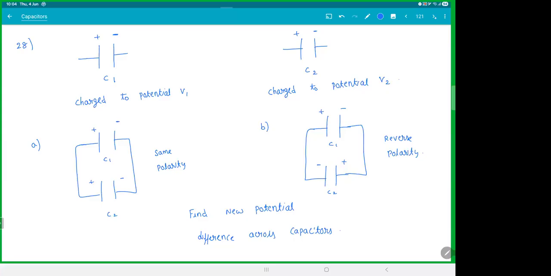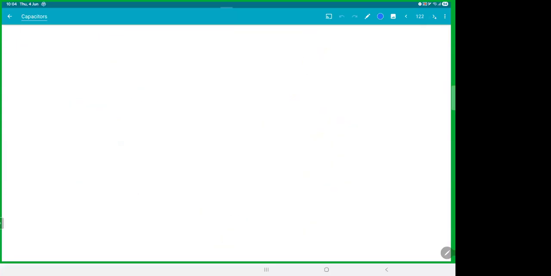So what we do, the process is pretty straightforward. We do the same thing, but I want you to remember the result for this. So how do we do this thing? I'll show you the first case.